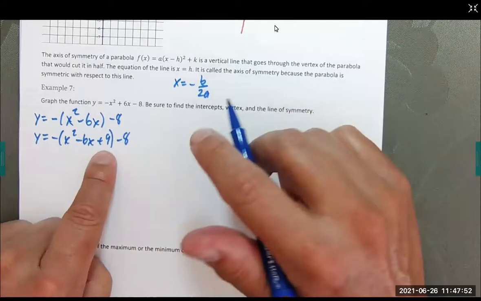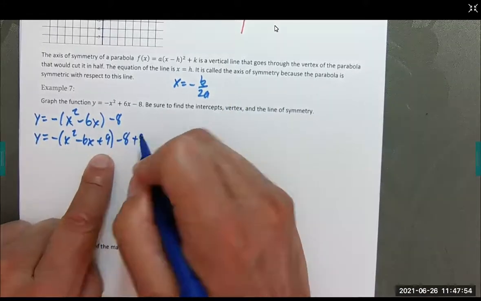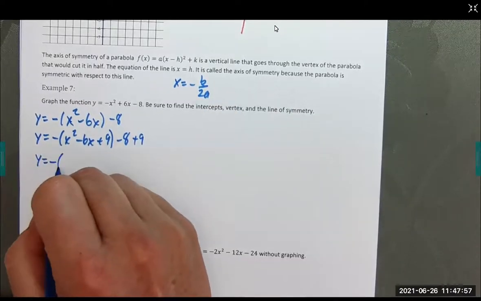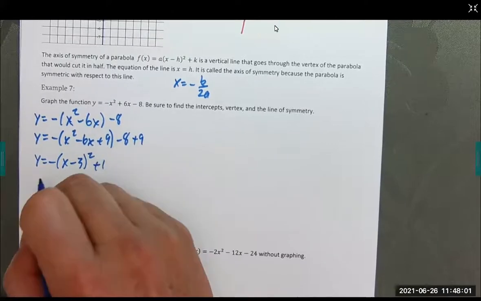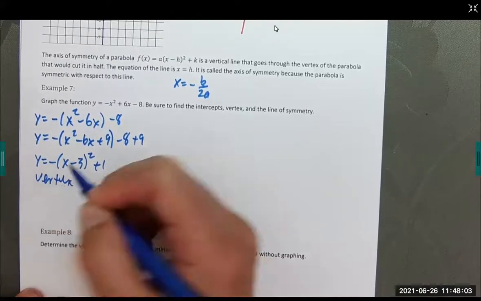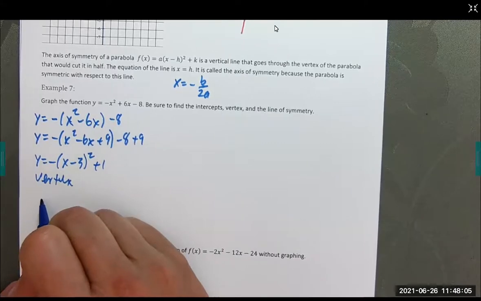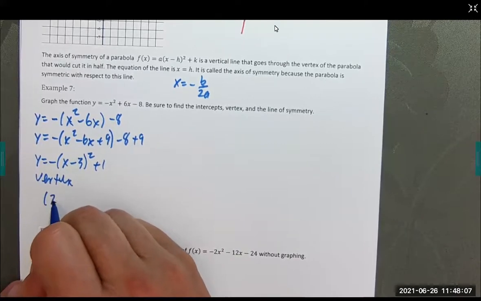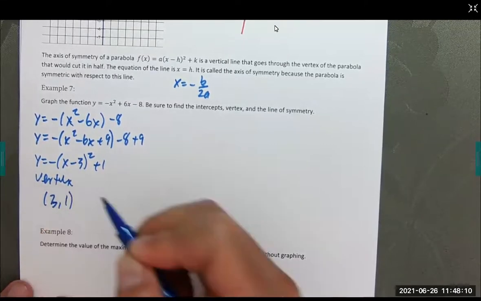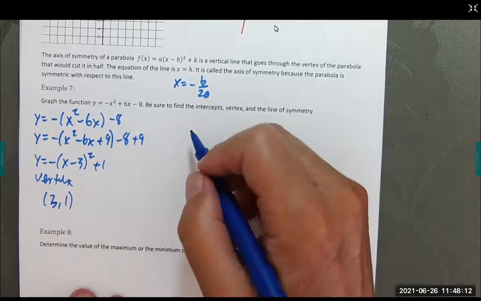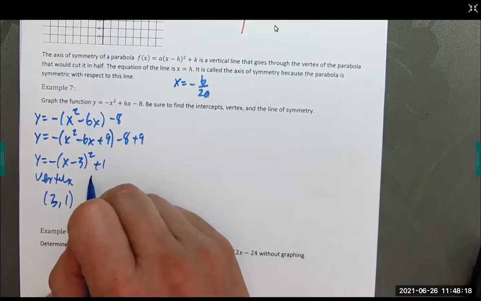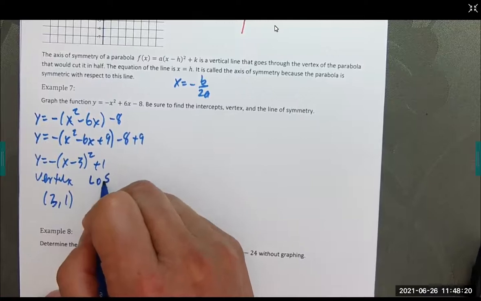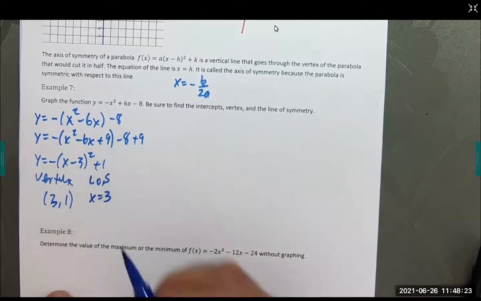So I'm actually going to add a 9. So the vertex and line of symmetry are at +3, +1. Also, the line of symmetry is at x = 3. That's a vertical line that's going to go through that.